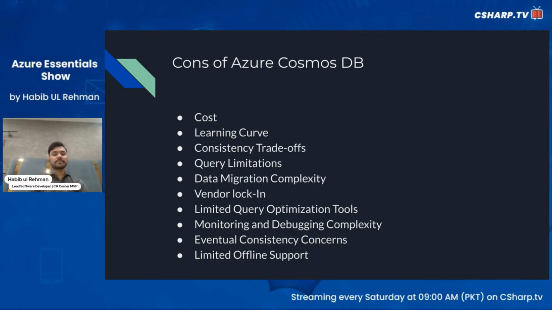As Azure Cosmos DB is available on different regions, if you are updating data, the changes will eventually propagate to different regions. So any person who is reading the data may get dirty data. These things are important to consider while working with Azure Cosmos DB. And then we have limited offline functionality.